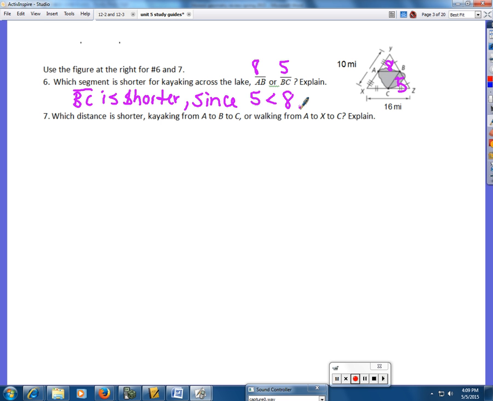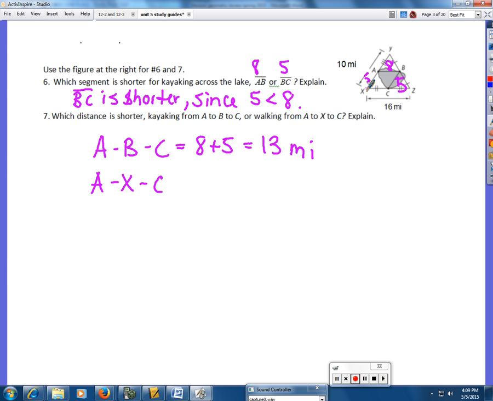Which would be a shorter distance, going from A to B to C? Here's A, B, C. So I'm going 8, then 5 miles. From A to B to C equals 8 plus 5, or 13 miles. And then A to X to C. I know A to X is half of this side since these are congruent, so A to X must be 5.